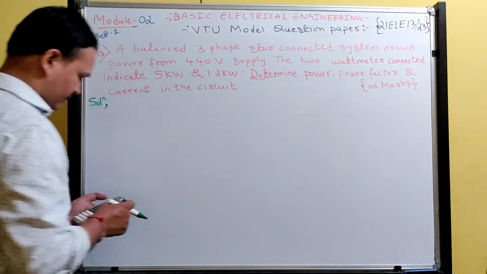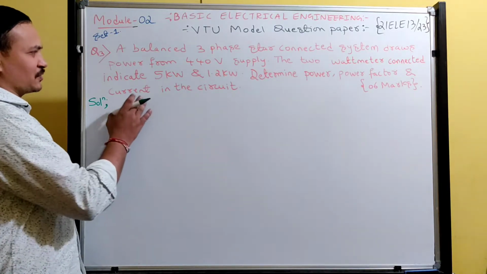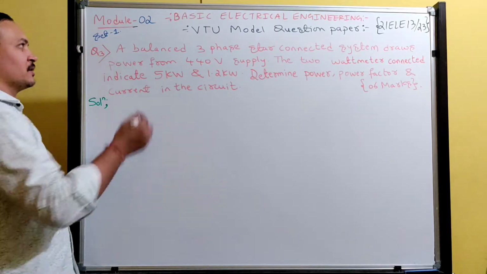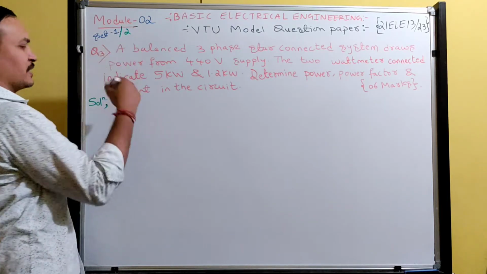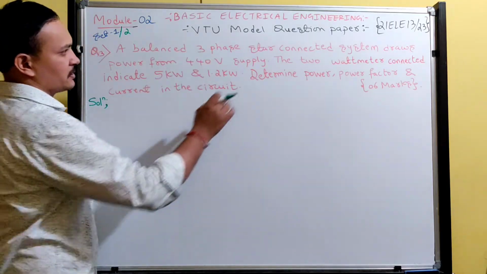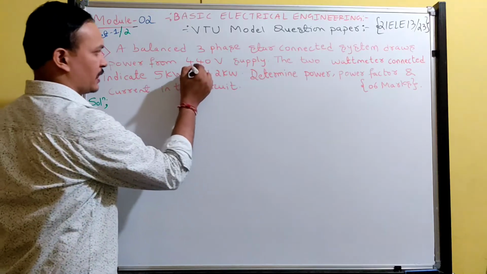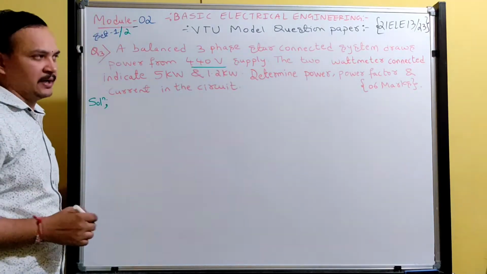Okay friends, now we can solve question number 3. I am not sure whether this question was asked in set 1 or set 2, that's why I am writing it may be in set 1 or set 2. A balanced 3-phase star connected system draws power from a 440 volt supply.